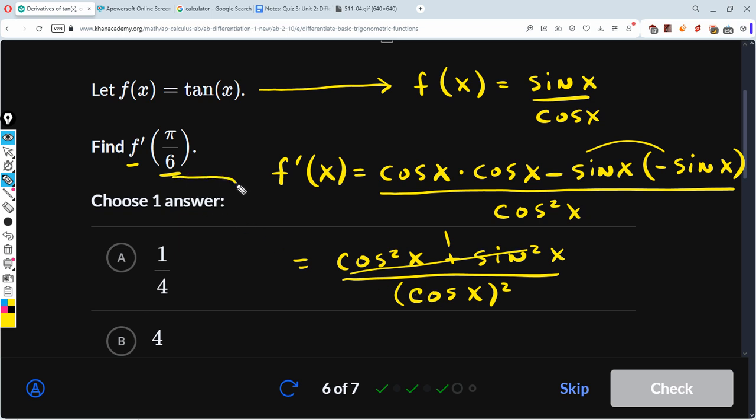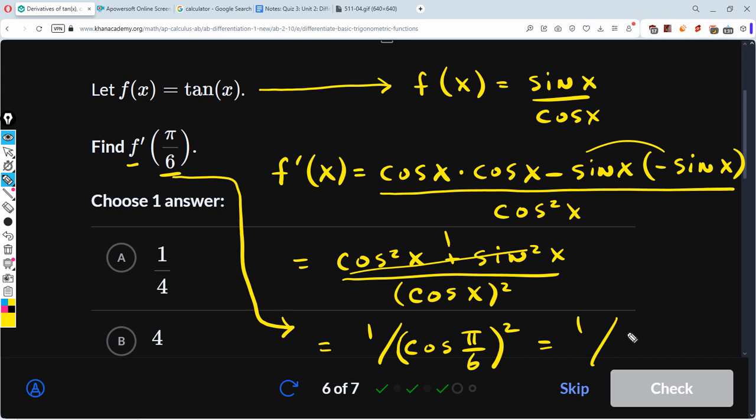And we're going to evaluate this at pi over 6. All right, so that's going to be 1 in the numerator divided by cosine of pi over 6, and that denominator is going to be squared. All right, so we can just do this on the unit circle.